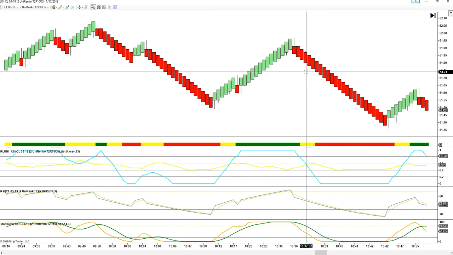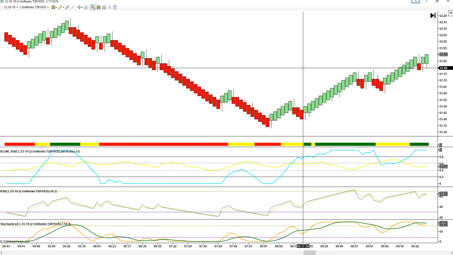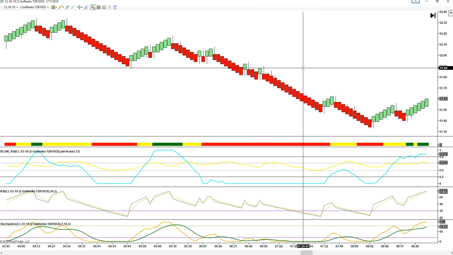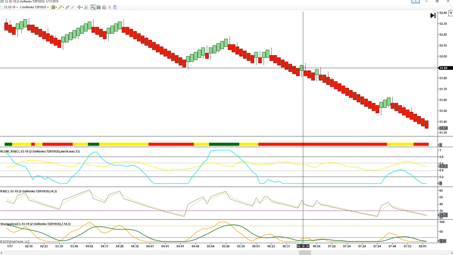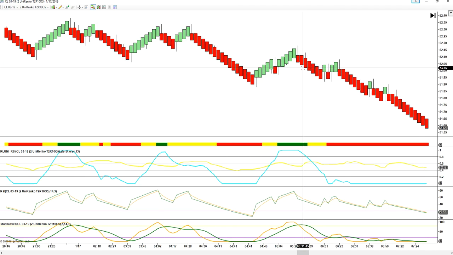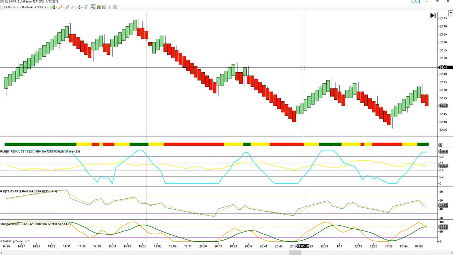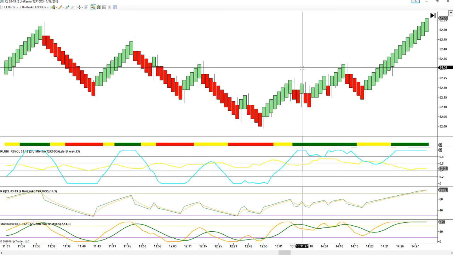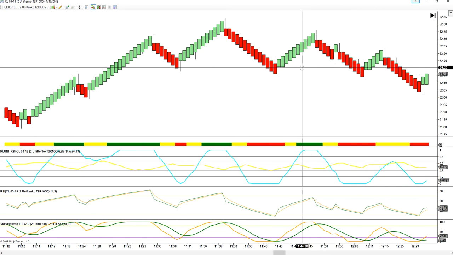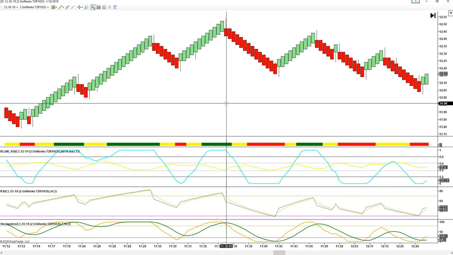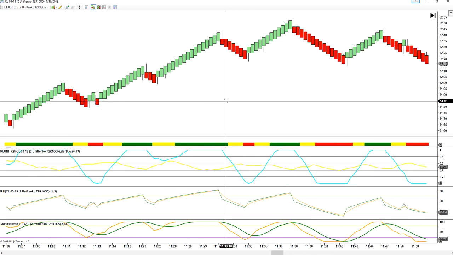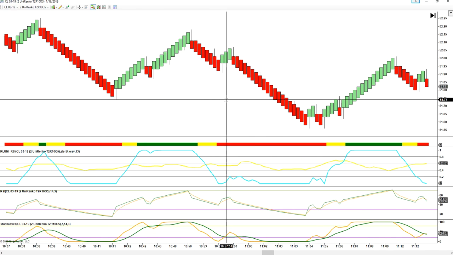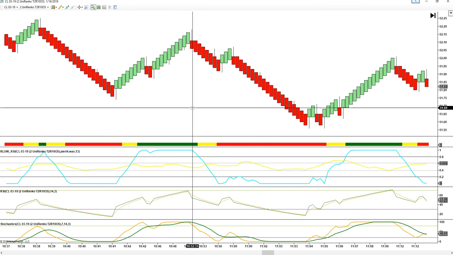I'm gonna do one more. Let's take a short trade, okay? And just looking for a, let's take this short trade right here. Here's a good one. Right here.